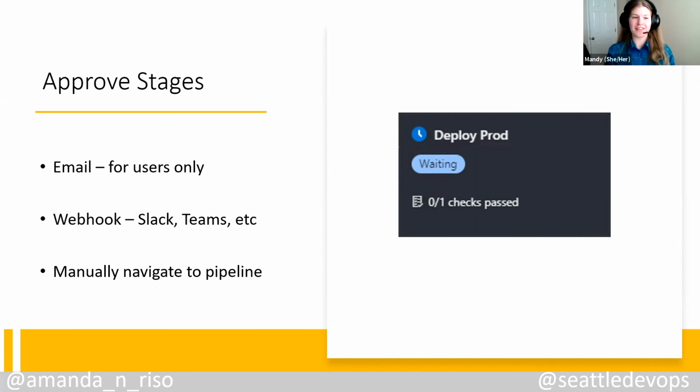I don't know what's going on there, but another option that I always suggest to my stakeholders is using the webhook for Slack or Teams. You get a notification into your channel or instant message or however you want to handle that whenever the pipeline needs to be approved. And then you can always manually navigate to this stage, click that checks passed section on that stage, and then it'll open up a window that you can approve on.